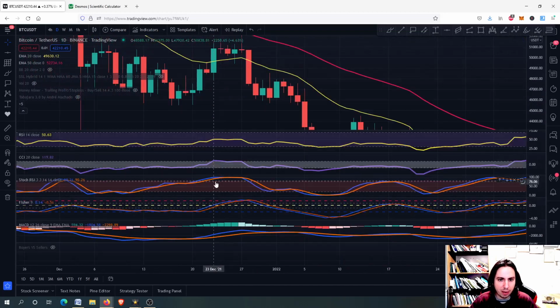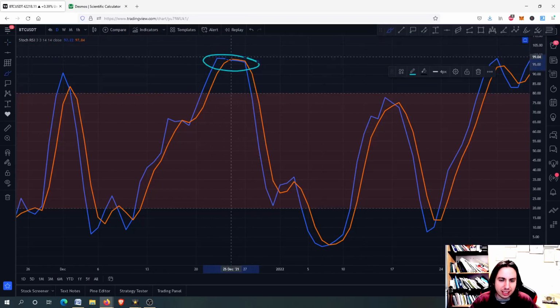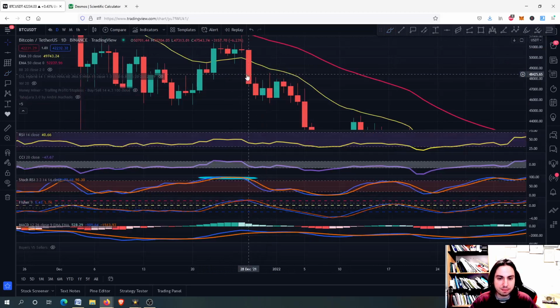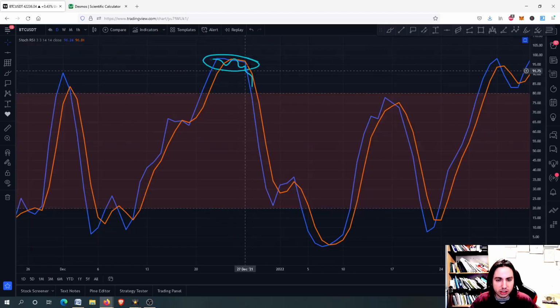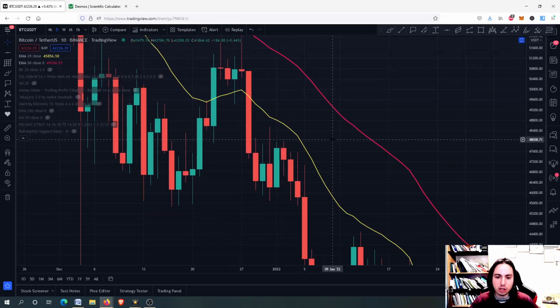Because if I get you back here, you can see that when we had an overbought on the stochastic RSI, we were going sideways, and then when the price went down, we had this correction of minus 6%, showing that we are not strong yet. We are not strong enough to let the price go against the overbought situation and keep continuing.